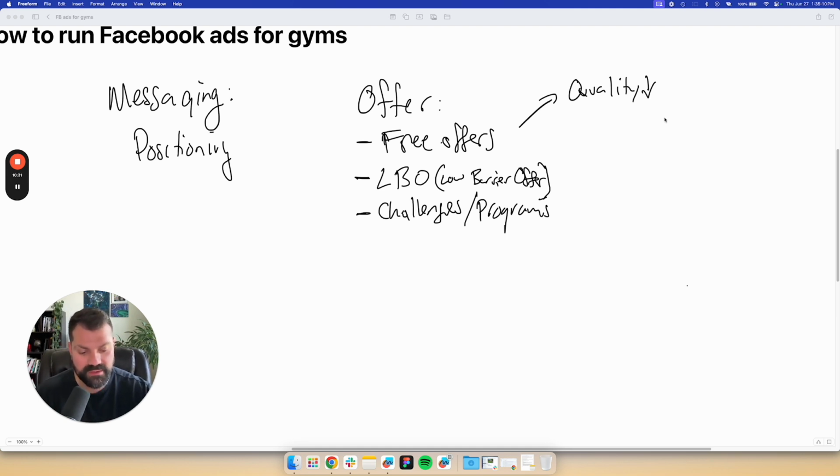Low barrier offer is kind of like the middle of the road kind of person. So they are kind of neutral as far as quality goes. All right. Now, when it comes to the pricing of a low barrier offer, what you really want to stick between is around $20 and $100.